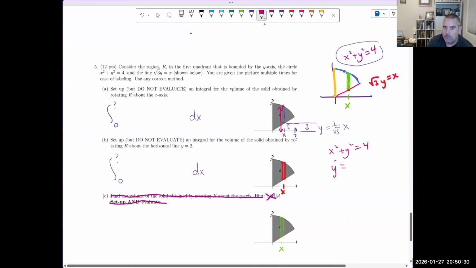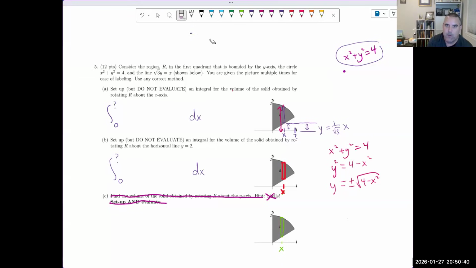Subtract the x squared. Y is plus or minus, but I want positive y's. So I'm kind of preparing the field, so to speak, preparing the space. I know how far I need to go to reach that point. It's the square root of 4 minus x squared.